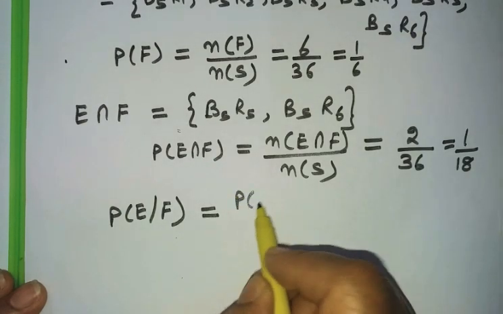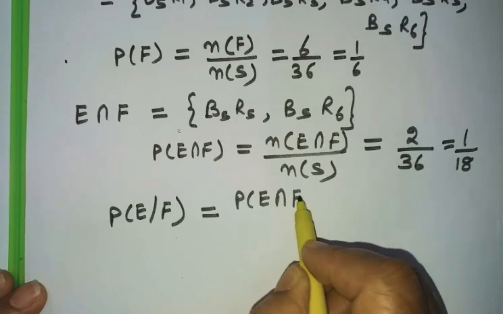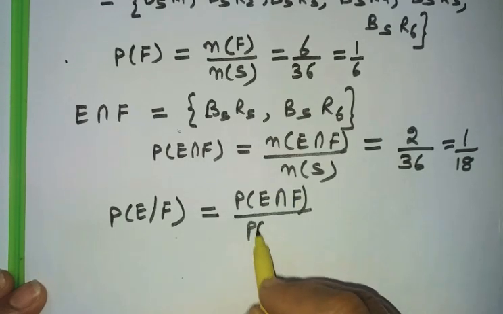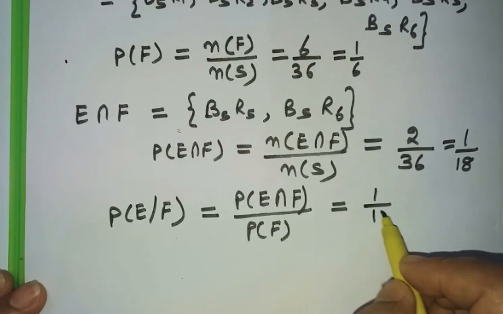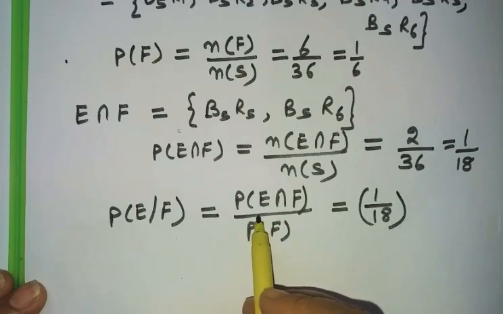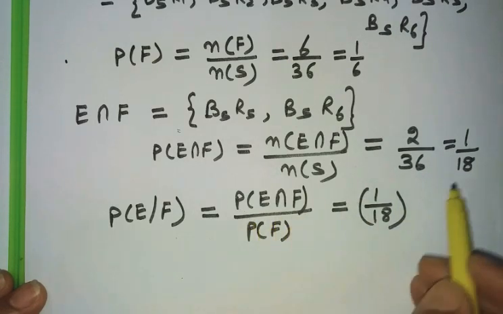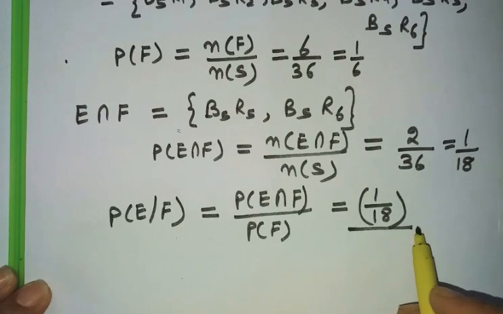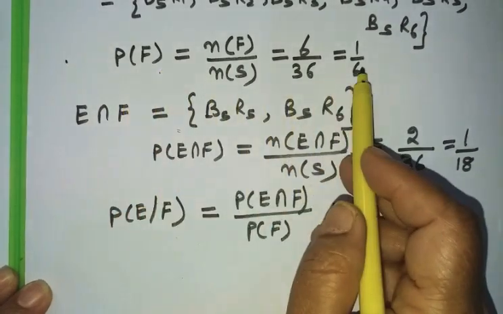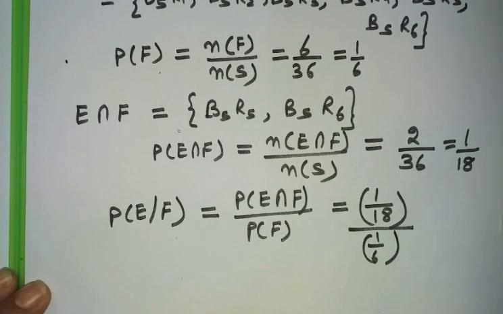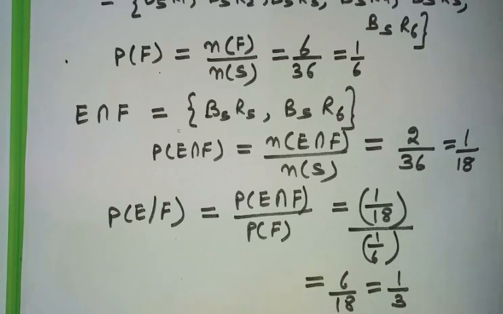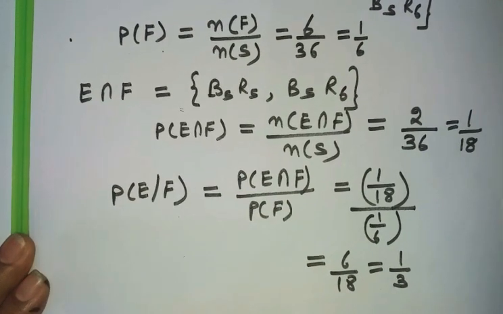So this is equal to, as per the definition, probability of E intersection F divided by the probability of F. We have already calculated the probability of E intersection F as 1 by 18, and the probability of F as 1 by 6. So we substitute these values, and in turn we get 6 by 18, that is 1 by 3. So this is how we got the required conditional probability.